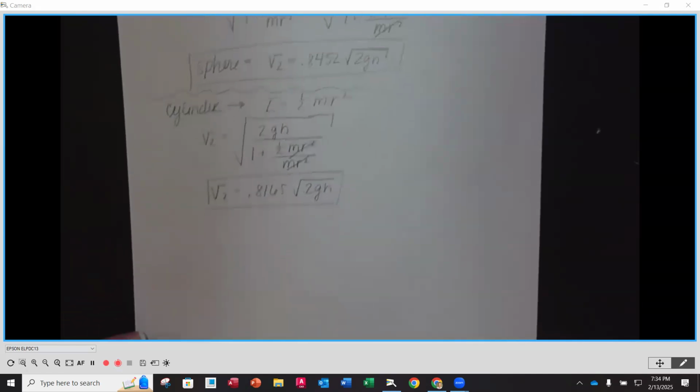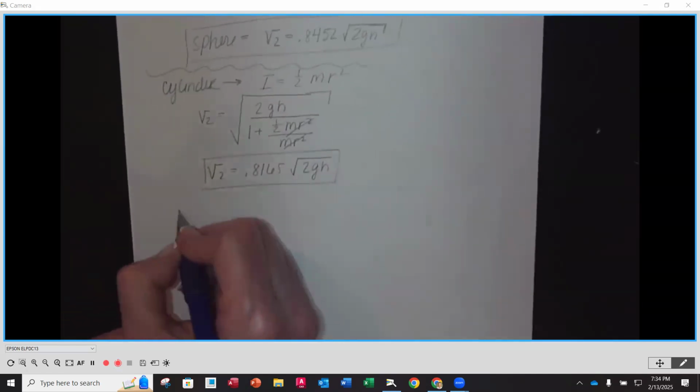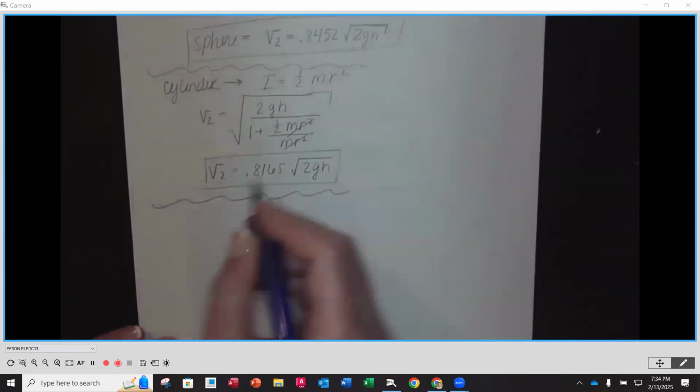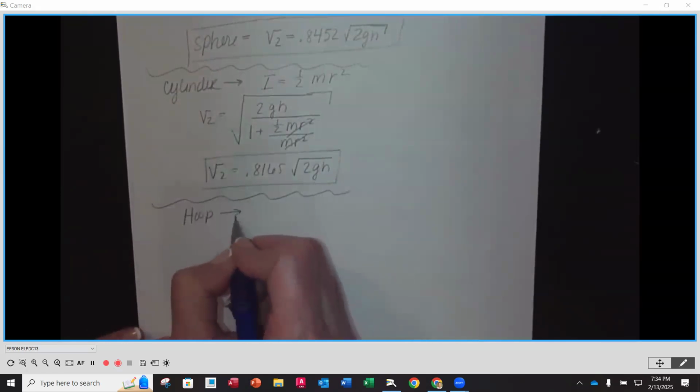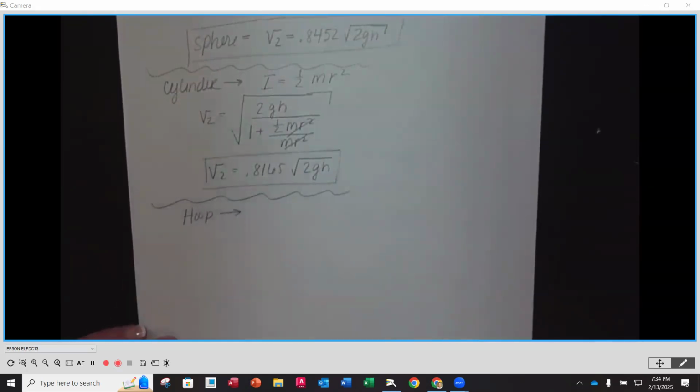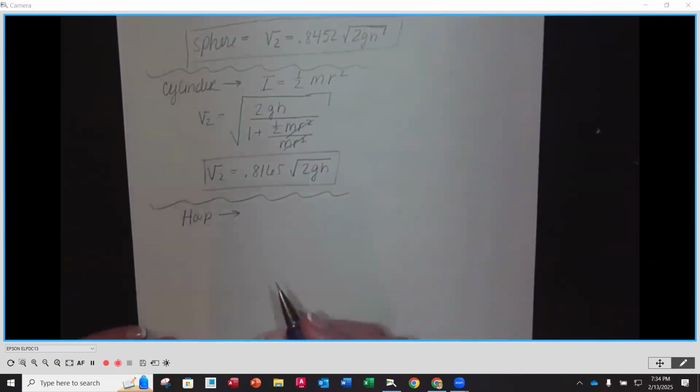And then the last one is going to be the hoop. Do you guys do this experiment in physics? Or did your instructor show you this? I always did it. I had a cylinder, a hoop, and a sphere, and they had the same mass and radius.